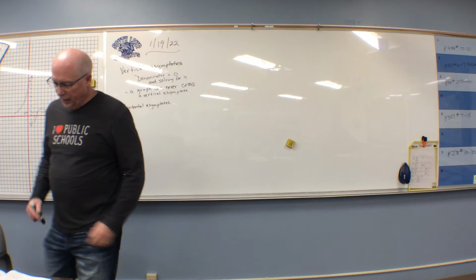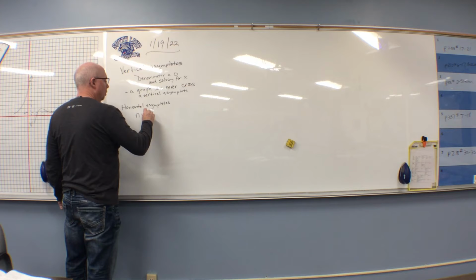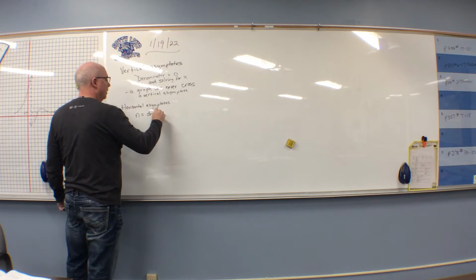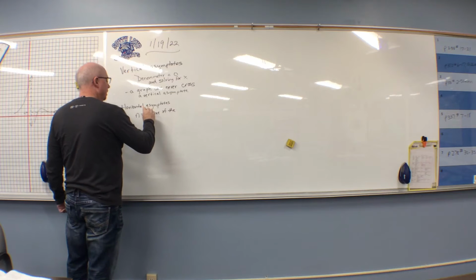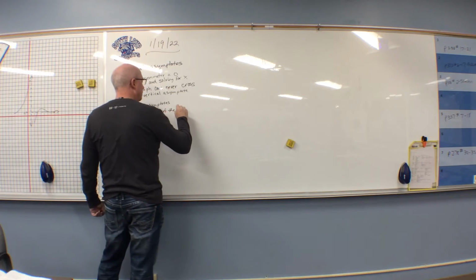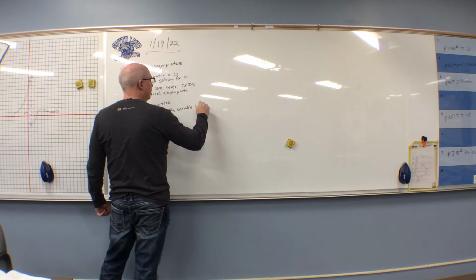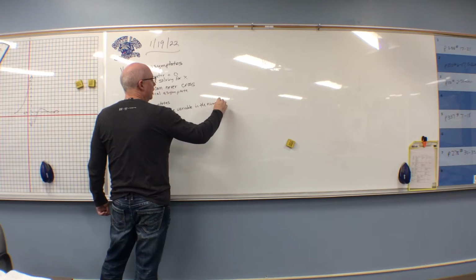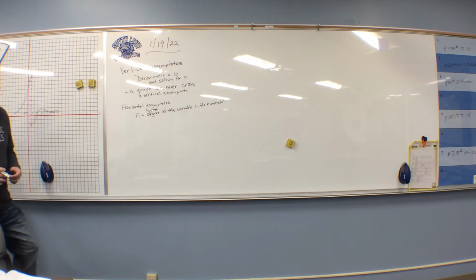Let n be the degree of the variable, the highest degree of the variable in the numerator. So it's an x squared or an x cubed. It's the highest degree.